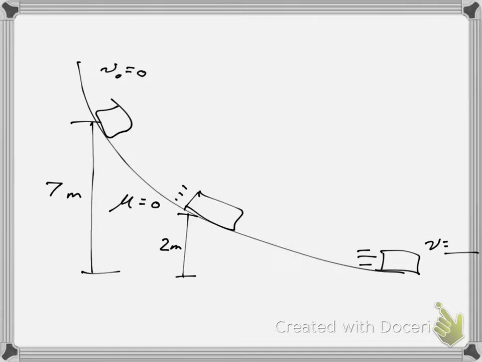Well, this one has a constantly changing acceleration, and so kinematics would be a nightmare for us, at least at this point. And so what we want to use is a change in energy approach.